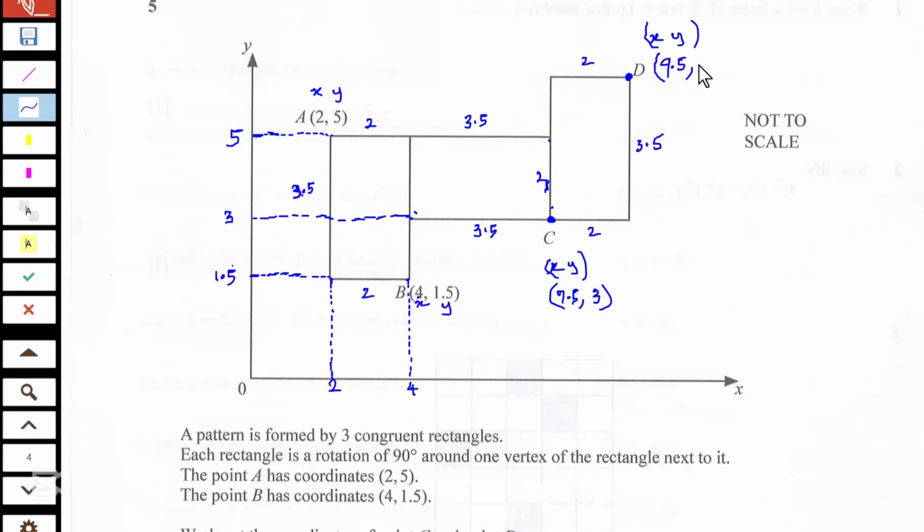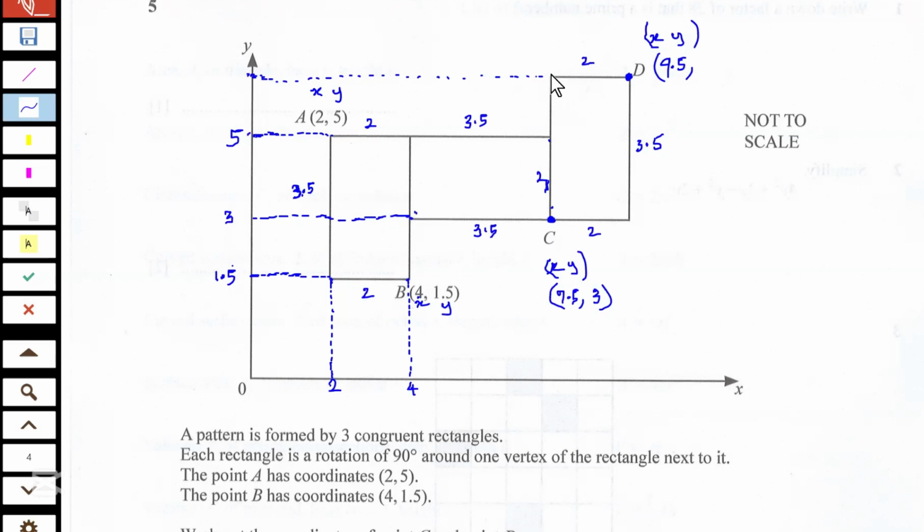Now let's find the y value. The y value will be the point above 5. So let's try to identify the exact value for this. The exact value for the y value here would be 5 plus 1.5.